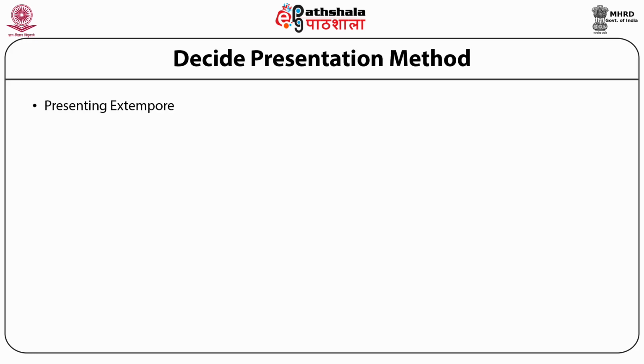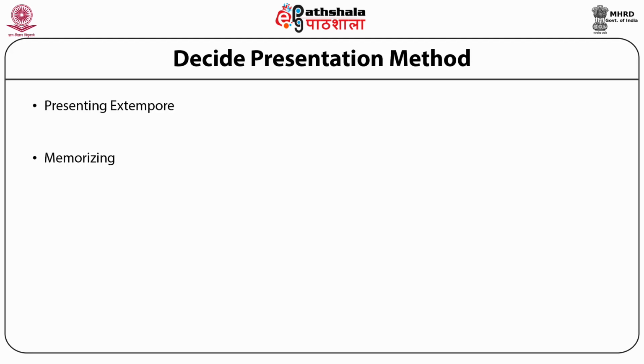Although much effort is required for this kind of presentation, during the presentation, the audience feels that the presenter is speaking naturally and without any preparation. The second method is memorizing. It is considered the toughest method for a presentation.